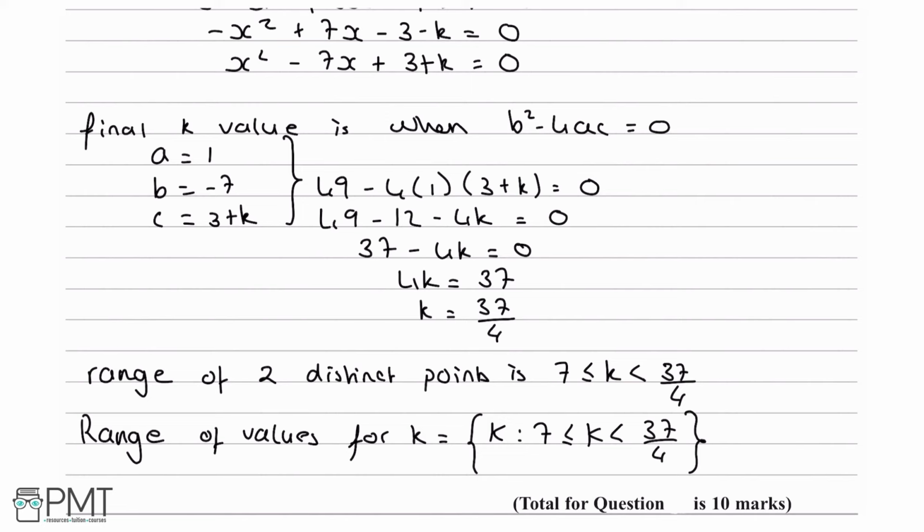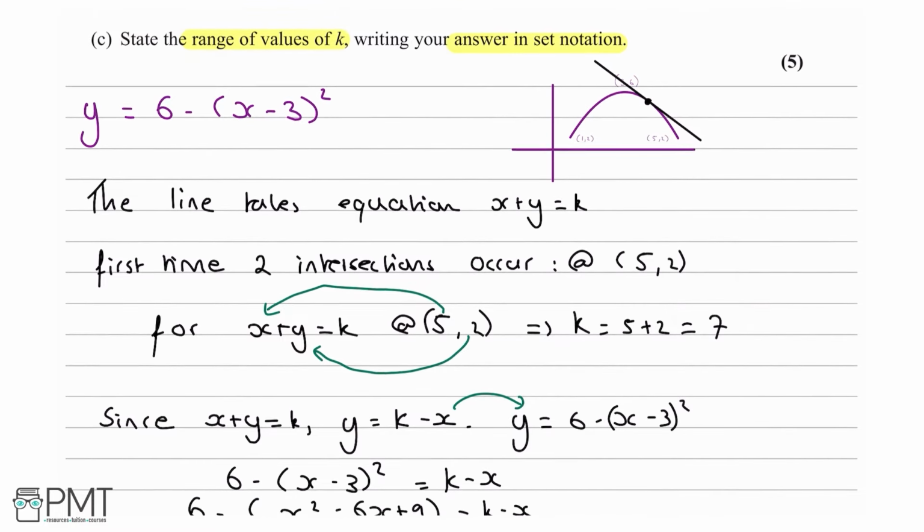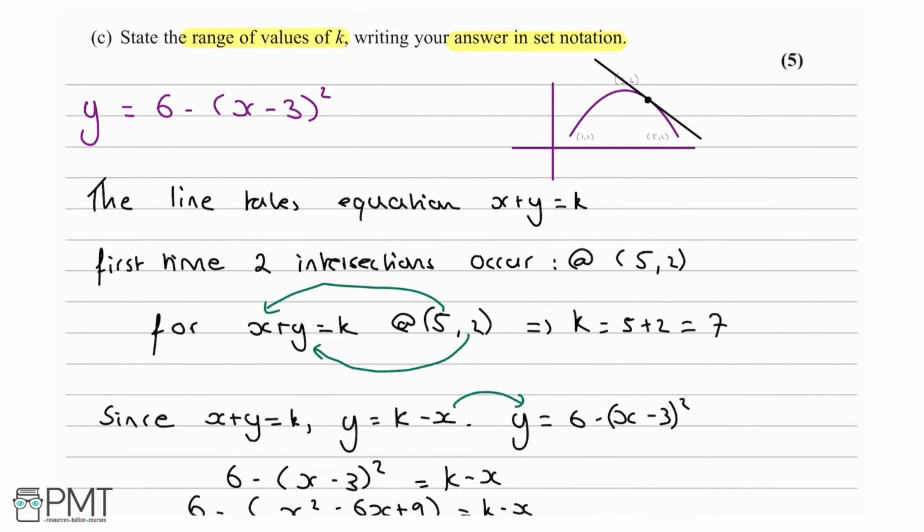So this question is worth 5 marks, okay? Your first mark, you would get it for any attempt and correctly finding either that the lower value for k is 7 or that the upper value for k is 37 over 4. So we found the lower value of k is 7, so we get our first mark.